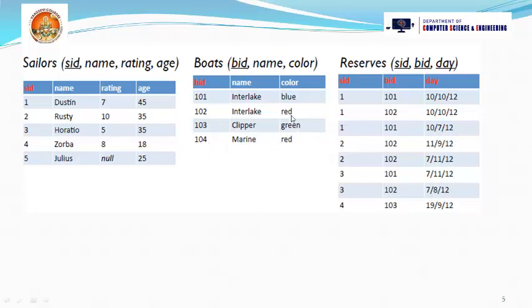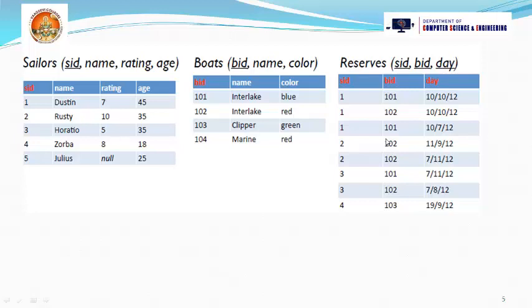No sailor has reserved 104, but sailors with ID 1, 2 and 3 have reserved boat 102, which is red. The names of sailors 1, 2, 3 are Dustin, Rusty and Horatio, so we get these three names in the output.